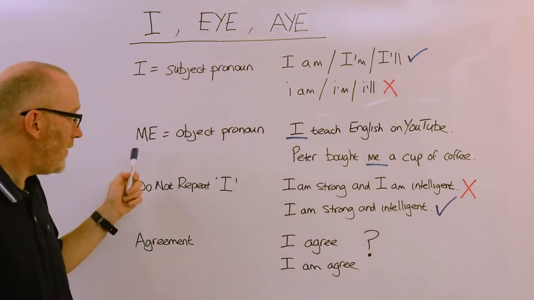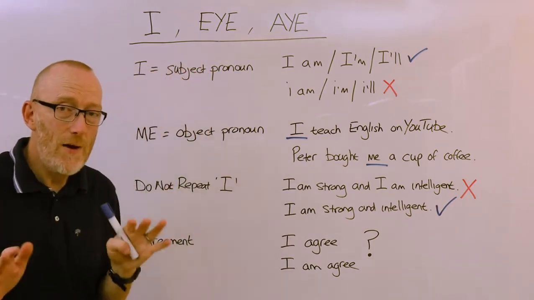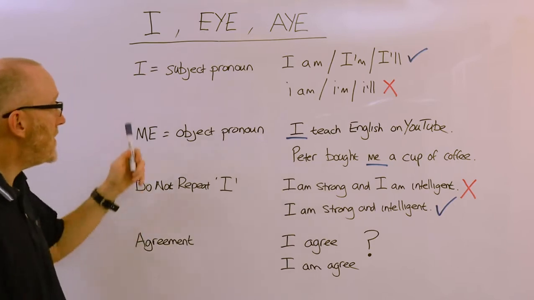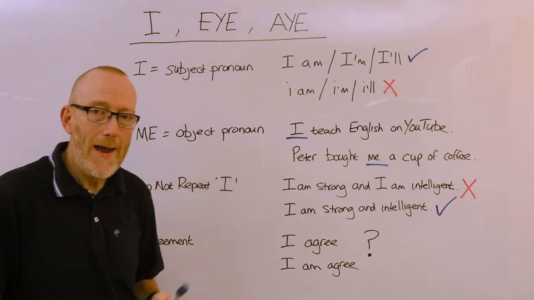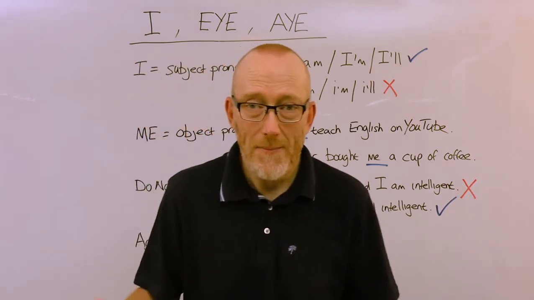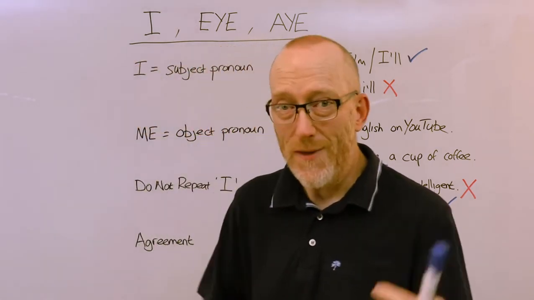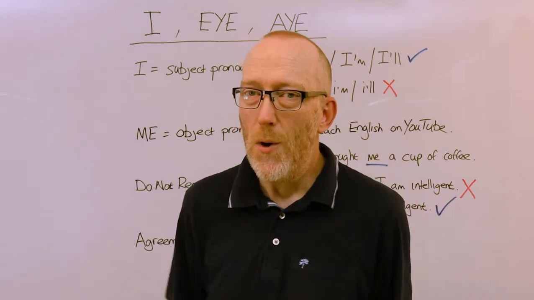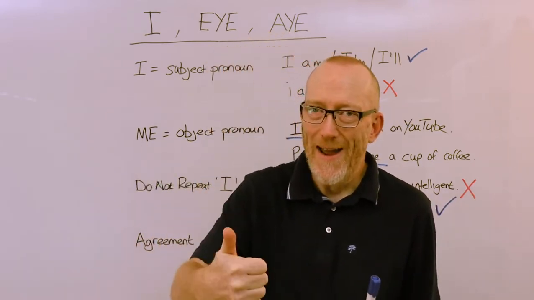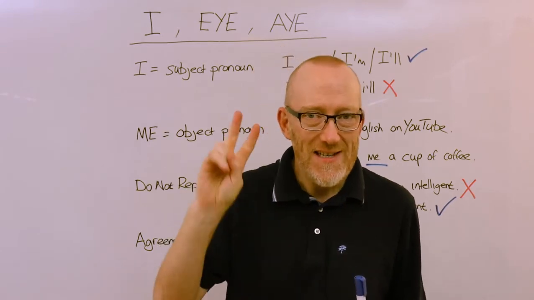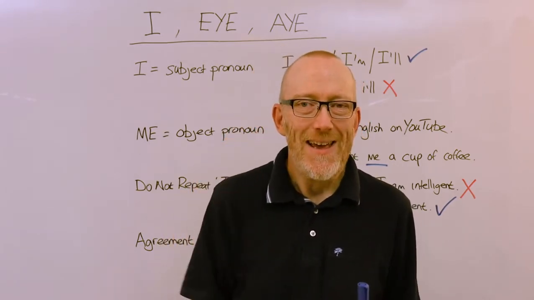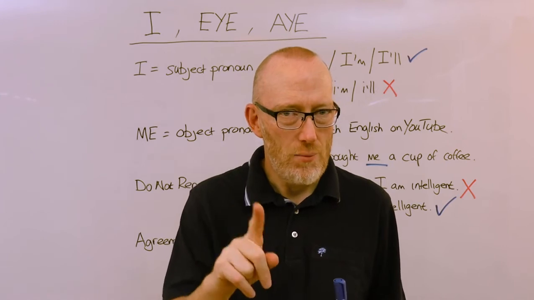The second thing, the second area we're going to explore today is the differences between I and me. Now, I and me are both referring to the same thing, but the first word, I, is a subject pronoun. The second word, me, is an object pronoun.